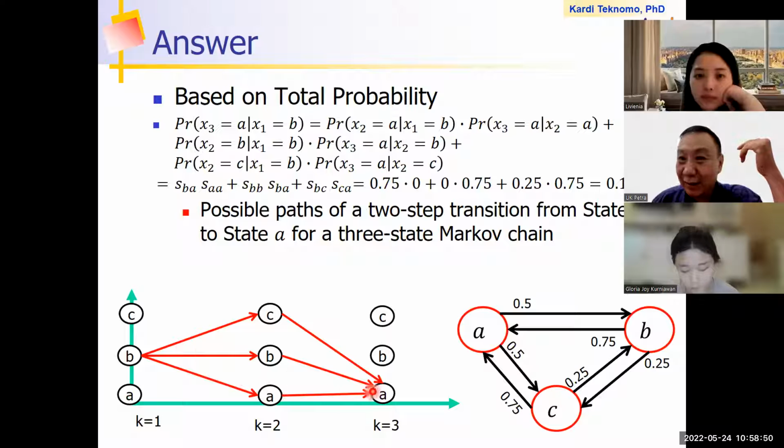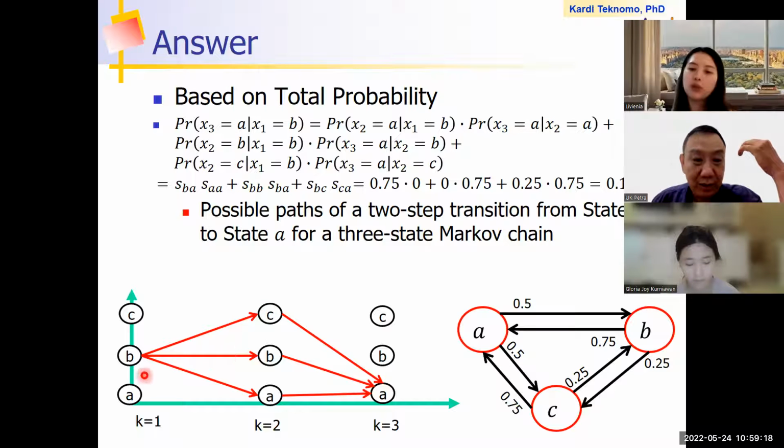Is it clear or not? Plus, because these are all possible paths, the next path is: today is B, tomorrow is B again, and then from B to A.